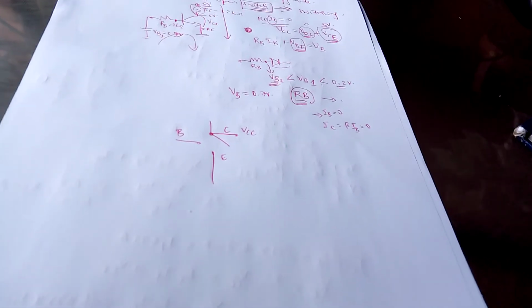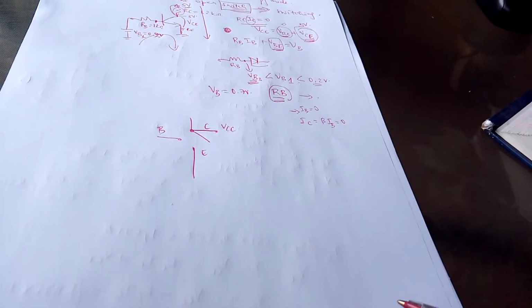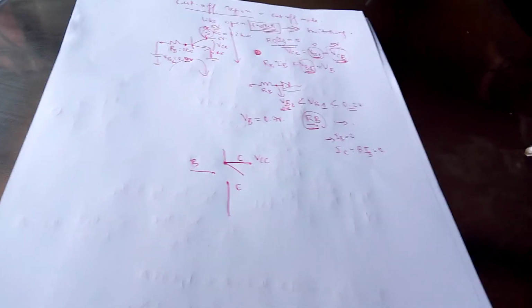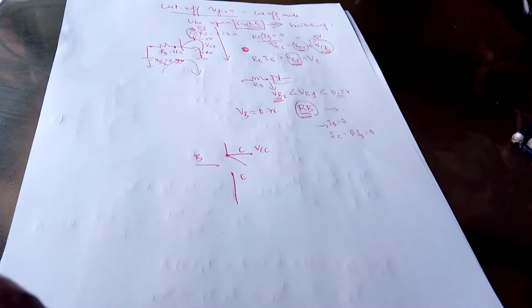So 5 volts will appear there, and it will look like the transistor is behaving like an open switch. You agree? That's the collector, that's the emitter, and that is the base. So it's behaving like an open switch, right? And VCC will appear here. This is the mode we call the cutoff region. Those two modes are covered in Electronics 1.